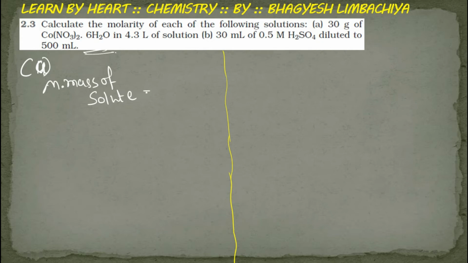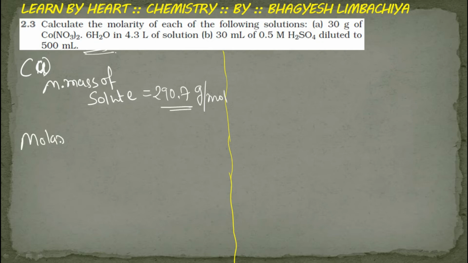So the molecular mass of the solute is 290.7 gram per mole. See, cobalt has 58.7, then nitrogen 14 and 3 oxygen, and it is multiplied by 2, and then 6 into 18. Okay, so we can calculate very easily.